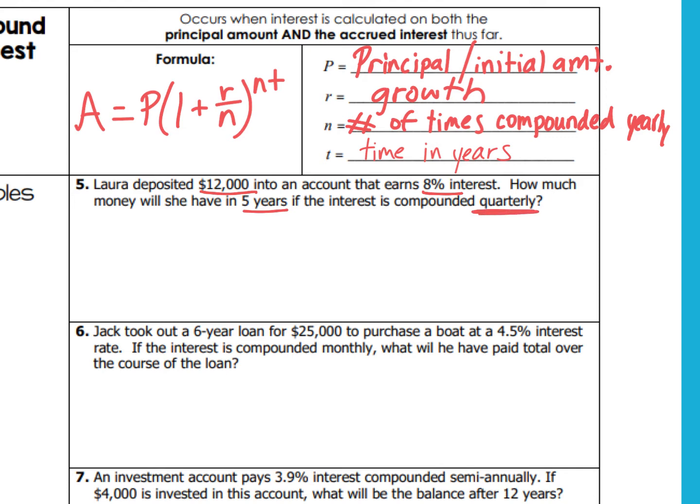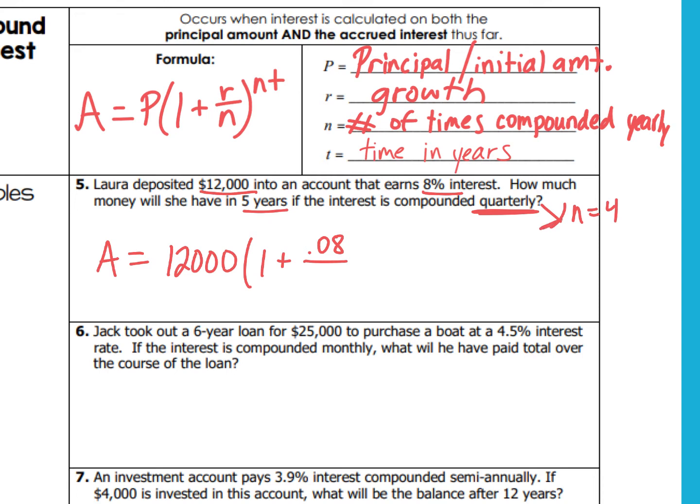I don't know what A is yet, but I do know that my principal, my initial amount, was 12,000 times 1 plus my growth, which is 0.08, since 8% is 0.08, divided by n, the number of times that this was compounded yearly. Well, it said it was compounded quarterly, which means 4. So n is going to be 4 if it says quarterly.